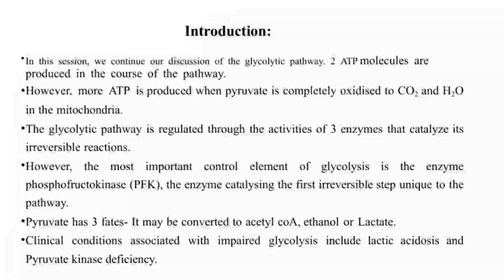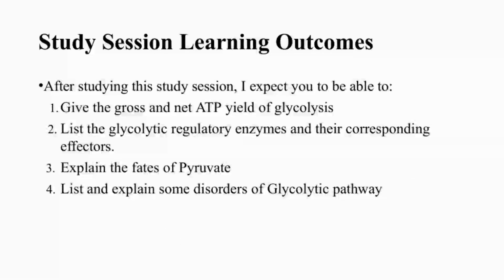After studying this study session, I expect you to be able to understand the gross and net ATP yield of glycolysis, which is fundamental for grasping how energy is produced in cells. We'll also go over the key glycolytic regulatory enzymes and their effectors, helping you see how this pathway is tightly controlled.